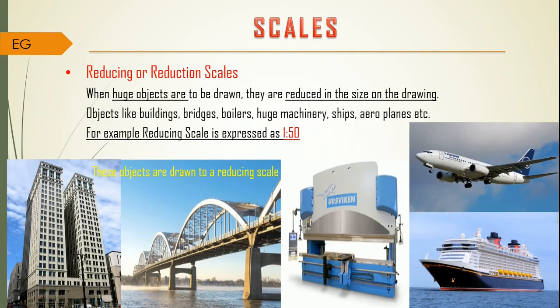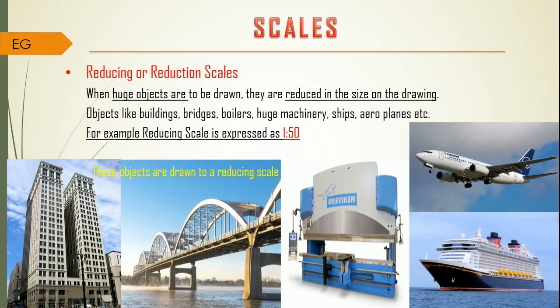reducing or a reduction scale. So as we have to construct that bridge, as we have to construct the drawing of that ship and that aeroplane and that respective machine, it is not possible to construct with their actual dimension. So we have to reduce the dimension for such huge objects. So we are going to reduce it, say with the scale 1:50. It means what?